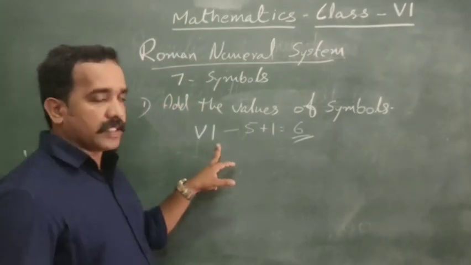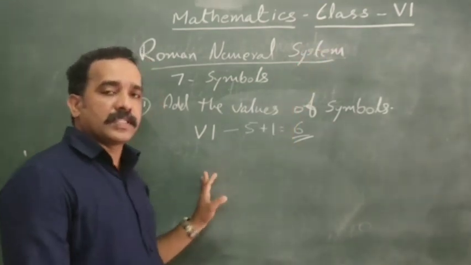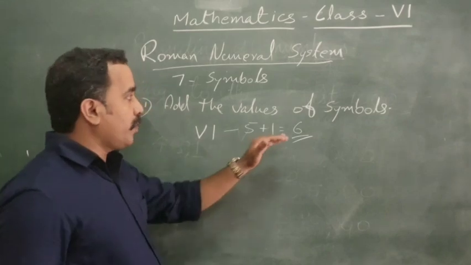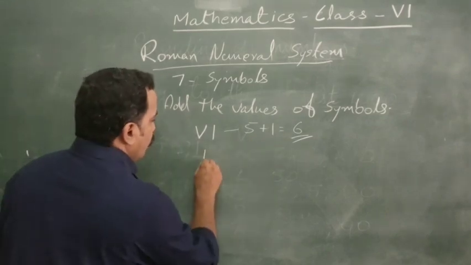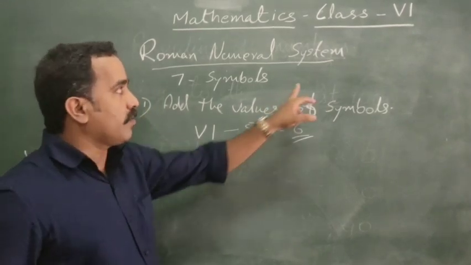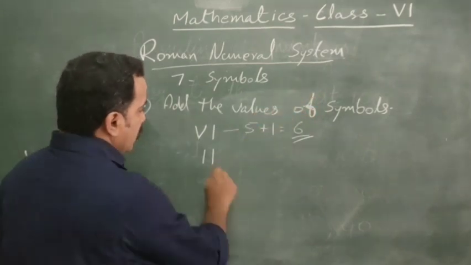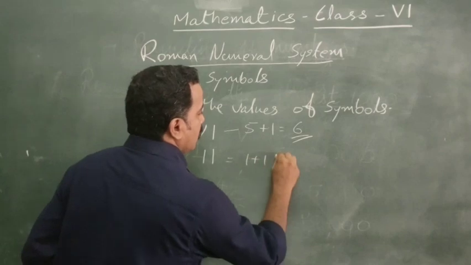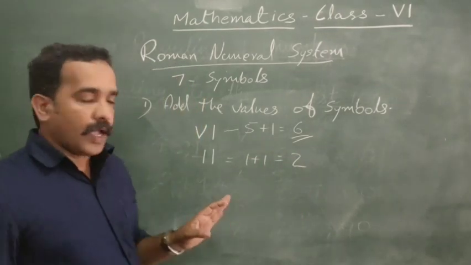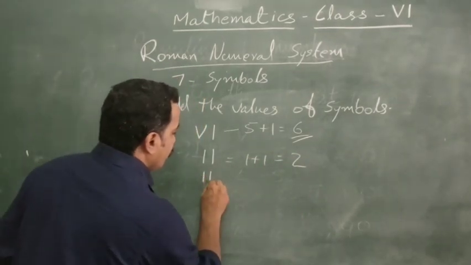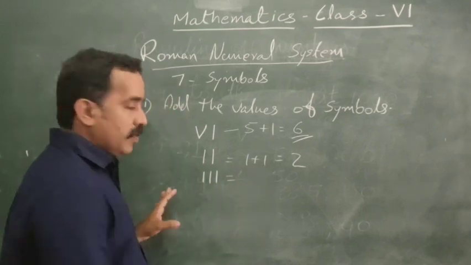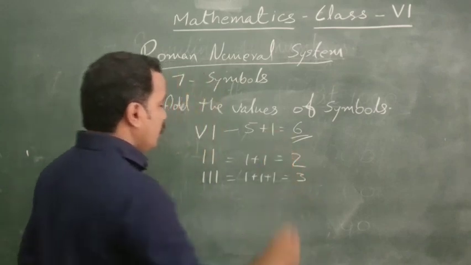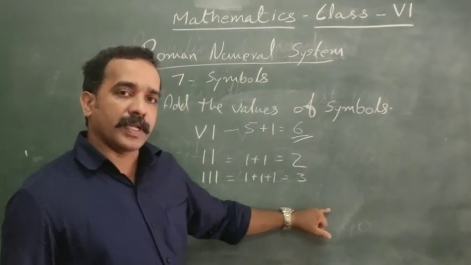But in another case, if you want to make 2, we repeat the same digit. So that is 1 plus 1, it is 2. And for making 3, 1 plus 1 plus 1 is equal to 3. Three times we are repeating the number.